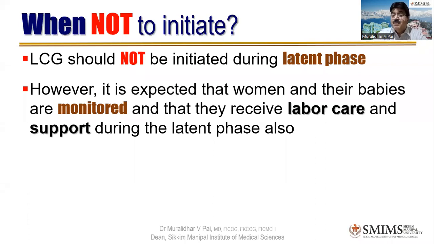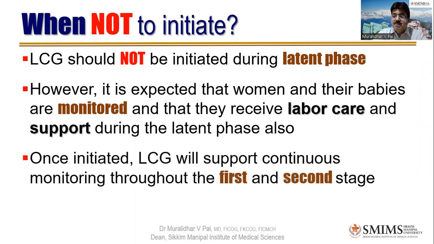You may not start plotting on the labor care guide, but you should not say, okay, I'll come after 2 days, or I'll come after 1 day, or I'll come in the evening. Somebody should be giving her support and she should be monitored. Of course, if it is a high-risk patient, then you have to monitor closely for whatever high-risk factor is there. Even in low-risk patients, you have to monitor her from time to time. But maybe the frequency is lesser.